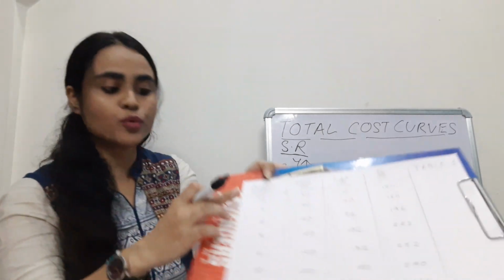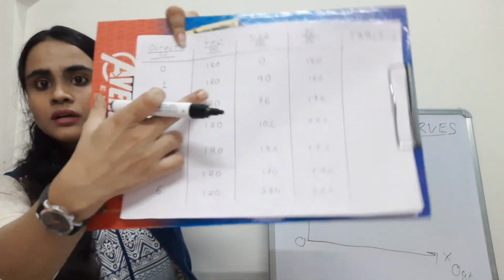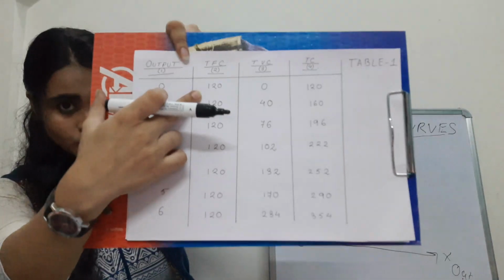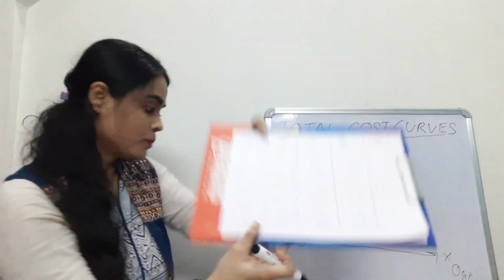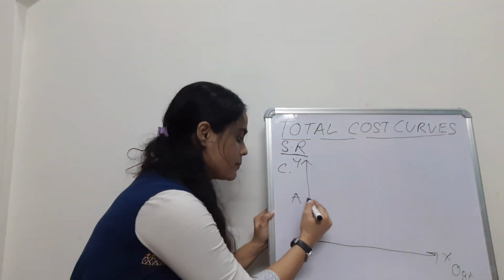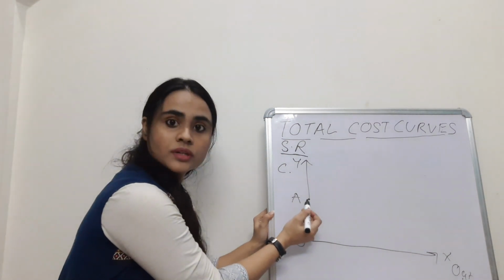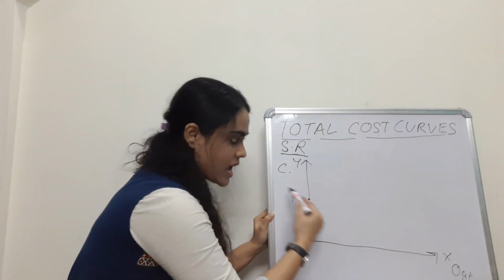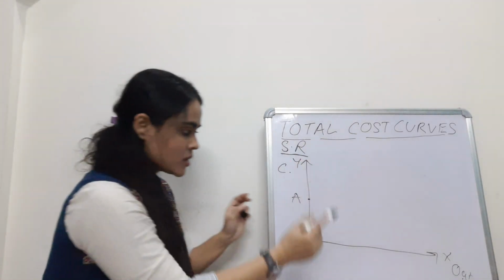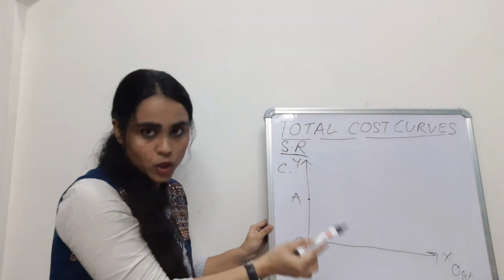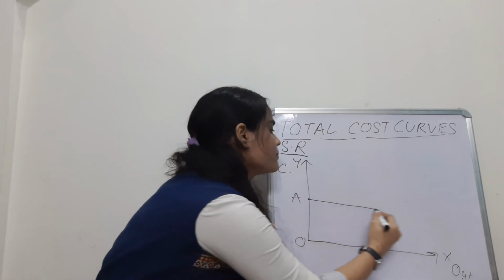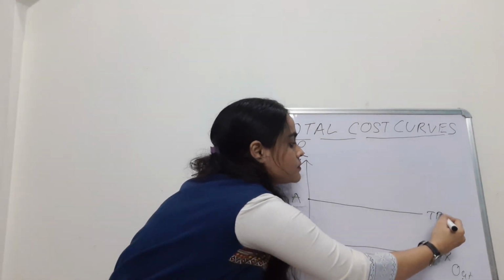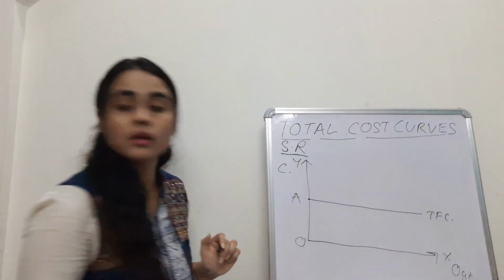When output is 0, the fixed cost is not 0; it has some value. Let's say that point is A. It starts from here. Because it is a constant value, it is independent of the output, so it will be horizontal to the x-axis.